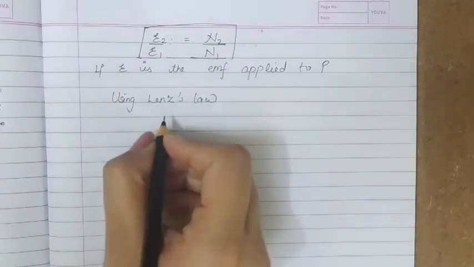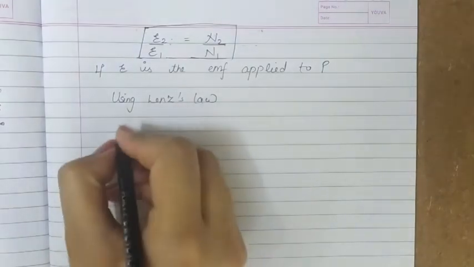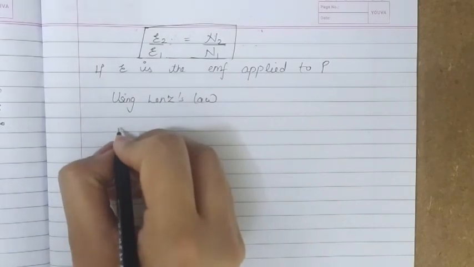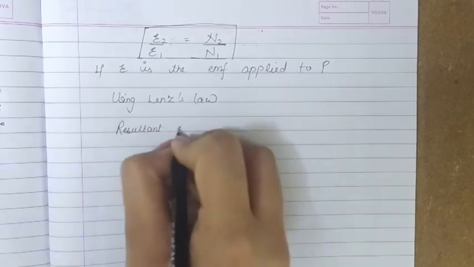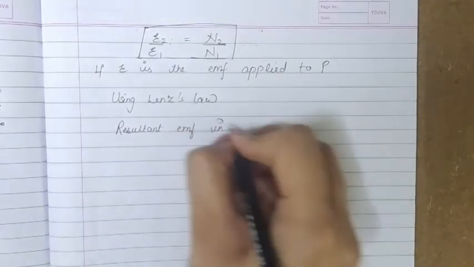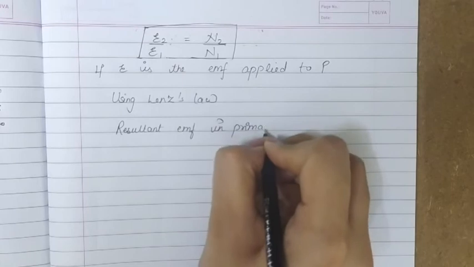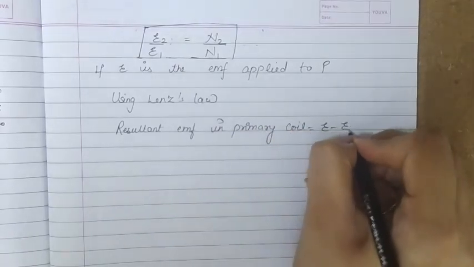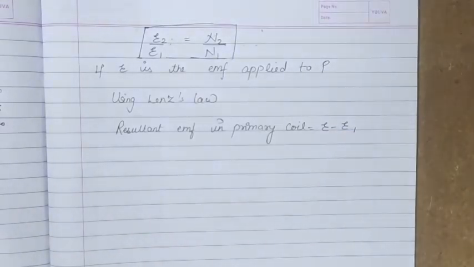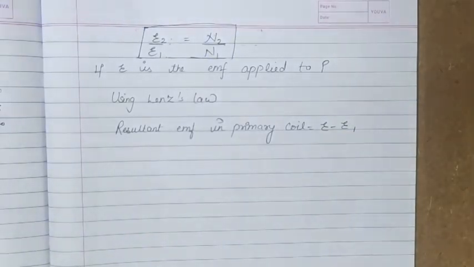So using Lenz law, the induced EMF epsilon 1 should oppose the EMF epsilon of the source. So the net or resultant EMF in the primary coil will be epsilon minus epsilon 1.